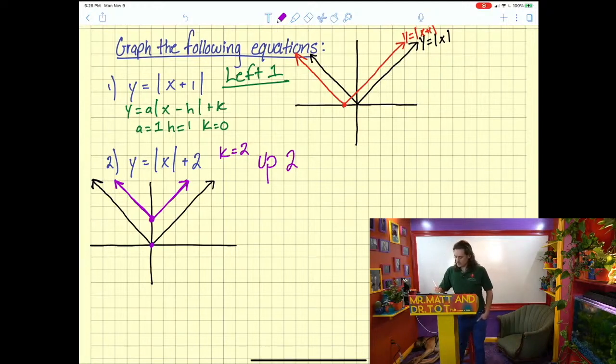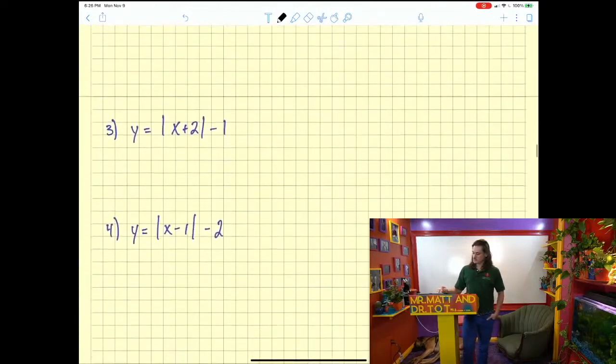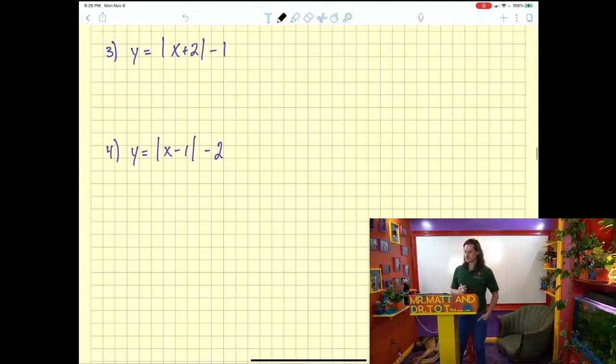Okay, so this guy would be y is equal to the absolute value of x plus 2, and this is y is equal to the absolute value of x, the parent function. If you have any questions, then please let me know. Otherwise, I'm going to give you 4 minutes. Please look at 3 and 4.